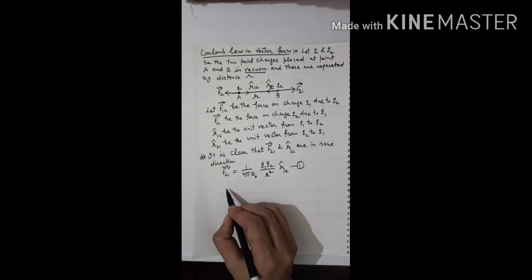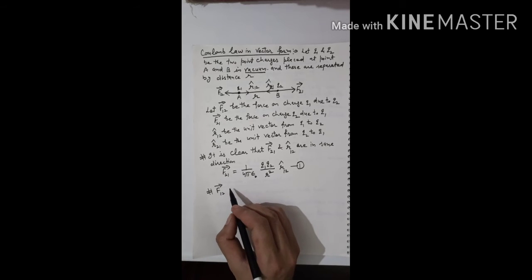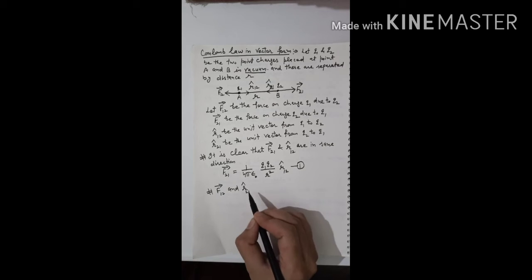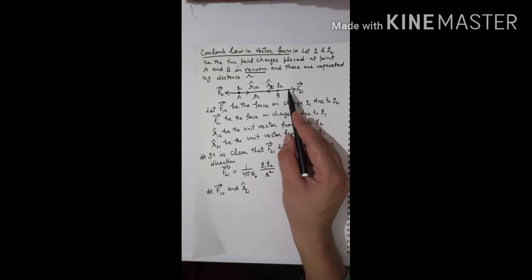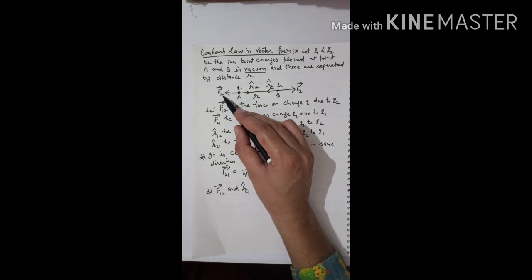Similarly, F12 and r21 cap. F12 is the force on this charge due to Q2 charge, and r21 is the unit vector along this force.